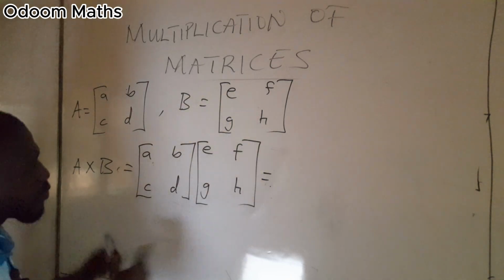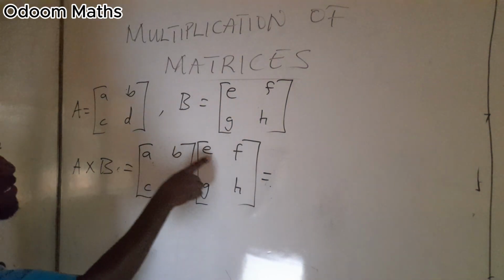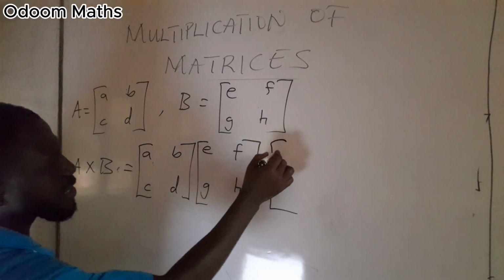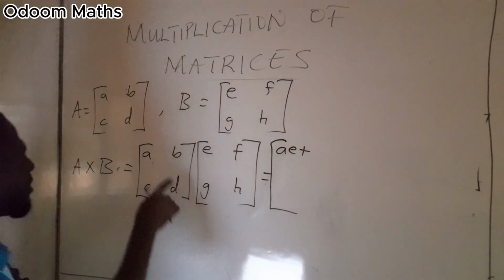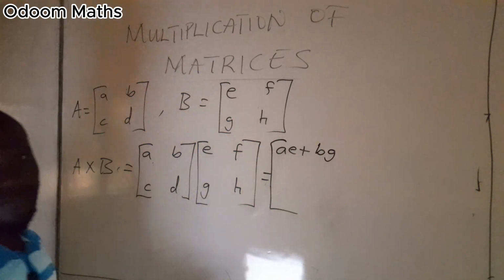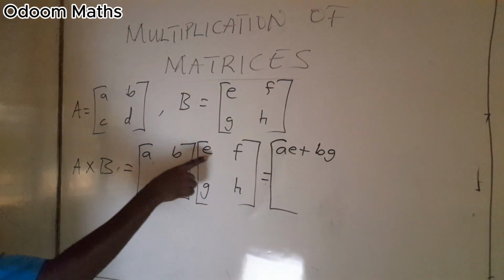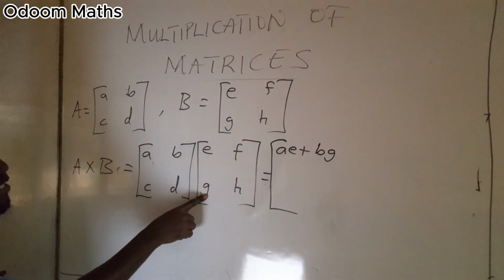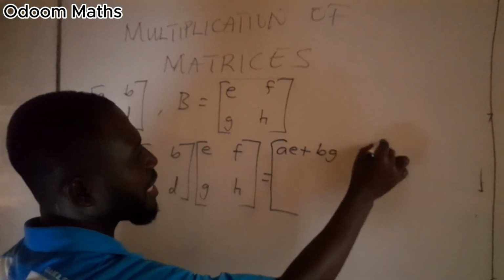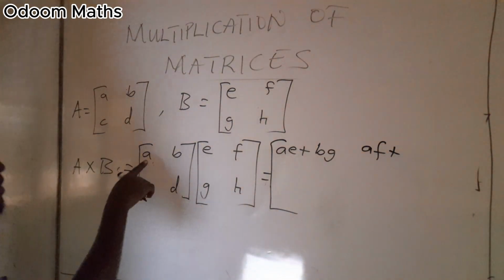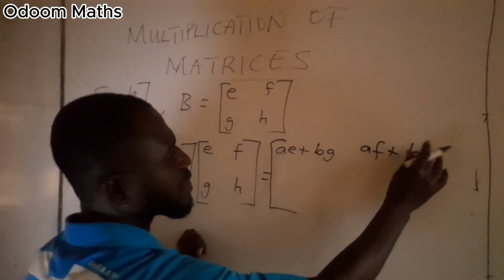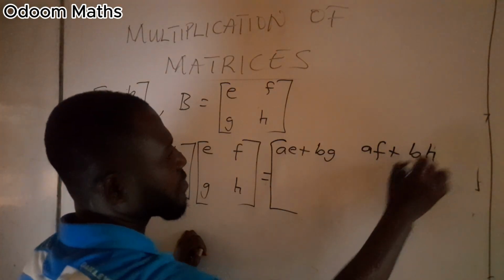Then we'll do this. A times E, which is AE, plus B times G, BG. Then A times F, that is AF, plus B times H, which is BH.